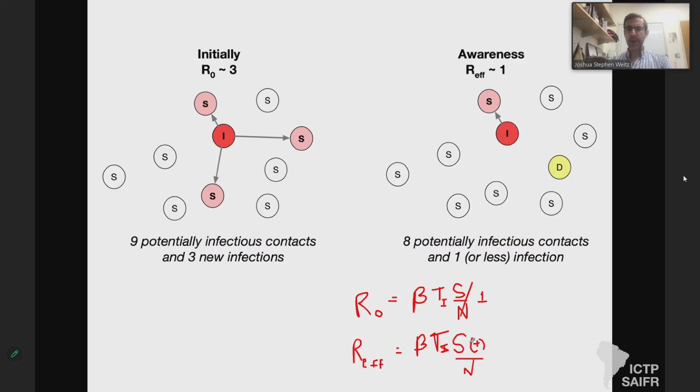So in the herd immunity threshold, it's this that's dropping R effective down to 1.